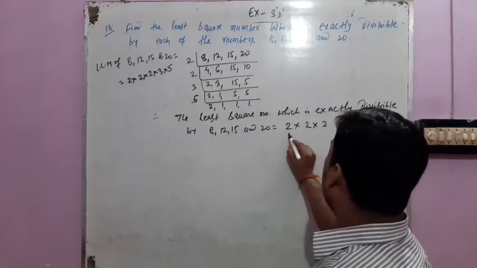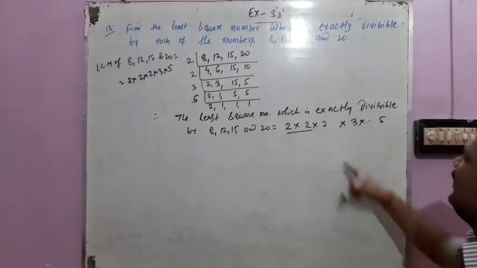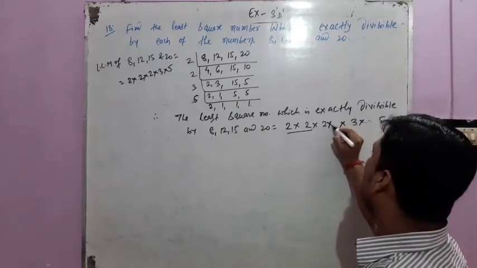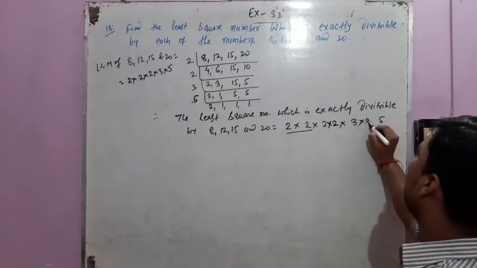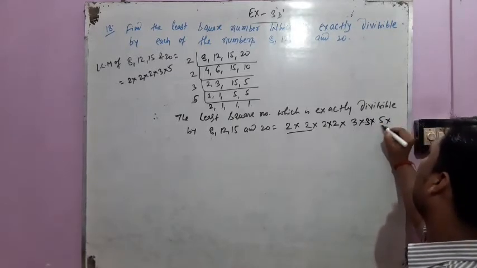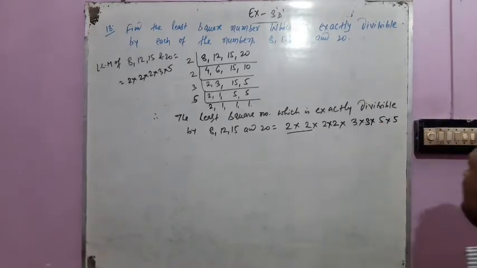Now students, the pair of these two is completed, but the pair of this remaining 2 is not completed, so we have to make here one more 2. The pair of 3 is also not completed, so we have to make here 3, and the pair of 5 is also not completed, so we have to make here 5.